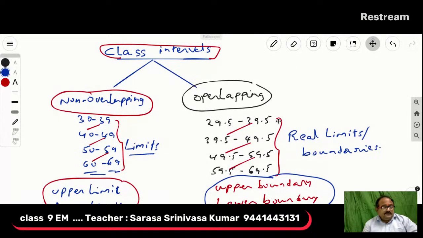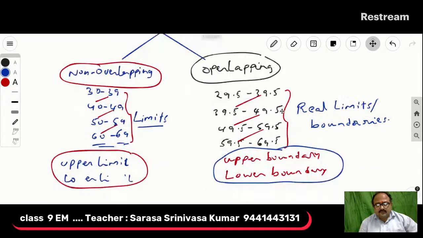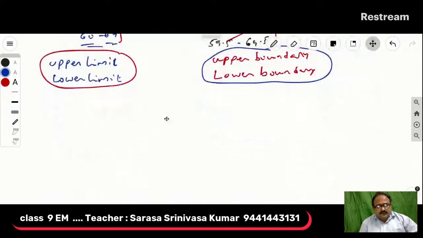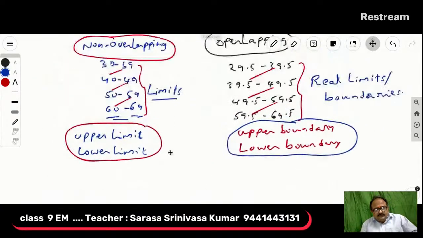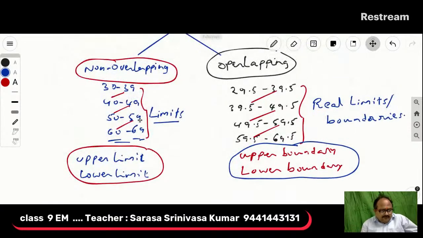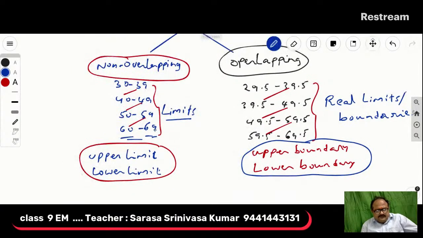And here non-overlapping classes are called inclusive classes. These are called inclusive.